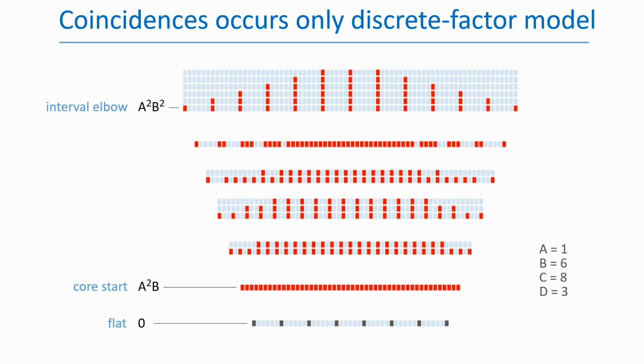The continuous factor model has one important drawback, which is that it fails to model coincidences. To illustrate, here's a slide from the discrete factor model. From the core start to the interval elbow, the general overall trend is that the period gets wider. It starts at 1, then grows to 2, then 3, and eventually 6.